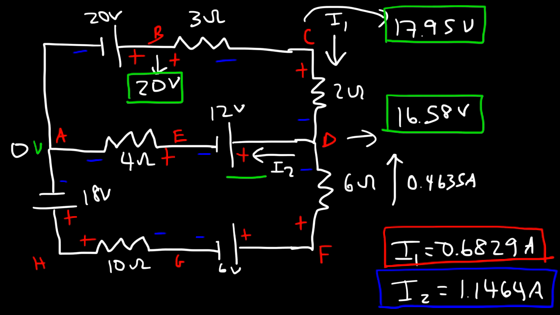Now let's move from point D to E. So we're going from positive to negative, so that's going to be a voltage drop of 12 volts. So 16.58 minus 12, that's going to give us a potential at point E, which is 4.58 volts.